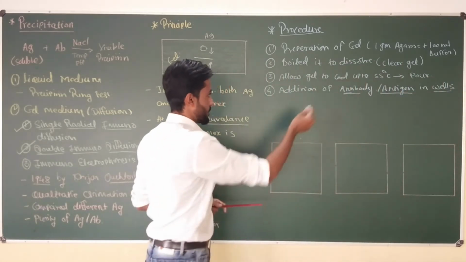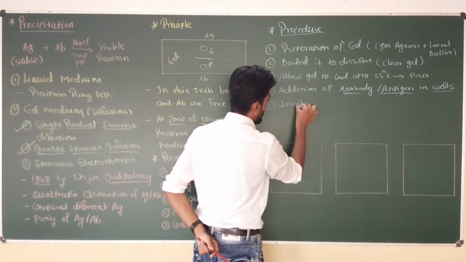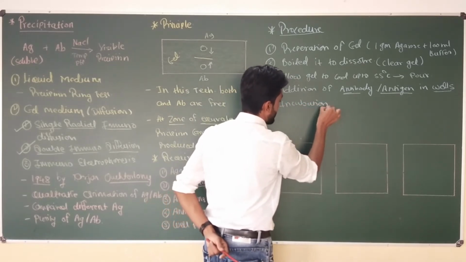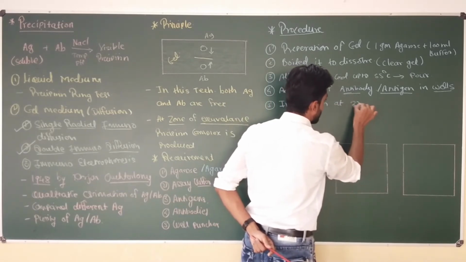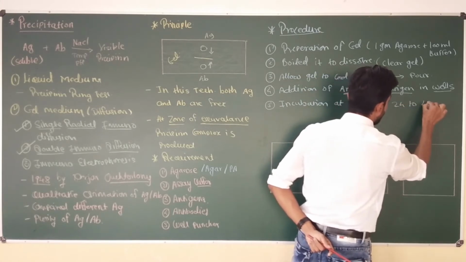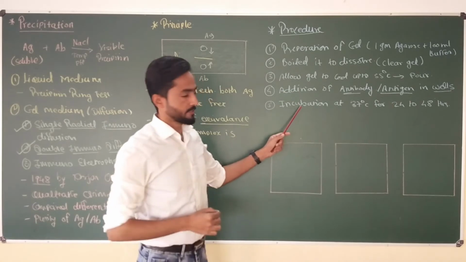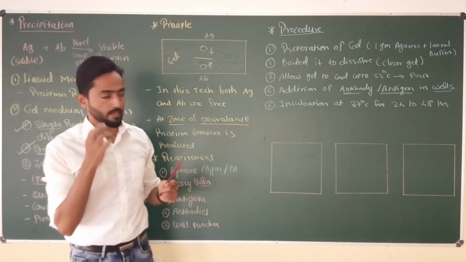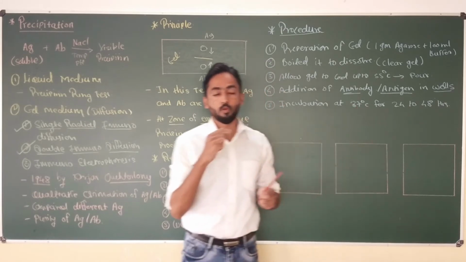After addition of the antigen and antibody, the next step is incubation of the glass plate at 37 degrees Celsius for 24 to 48 hours. Generally this incubation is carried out in an incubator at 37 degrees Celsius in a moist chamber.